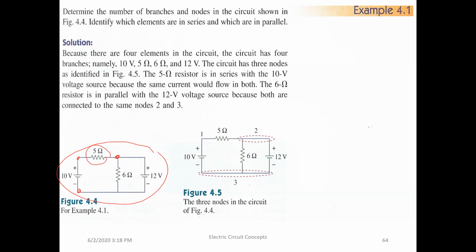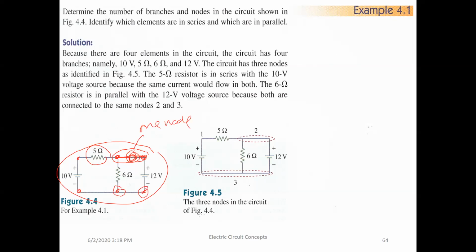Now, is this a new node? No, because this is a line here, and since there's no element in between, these two are one node. Same thing here. Is this a new node?